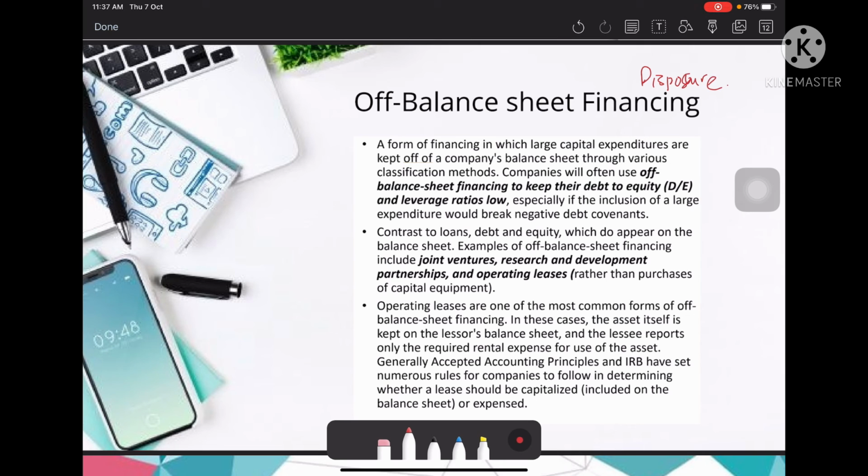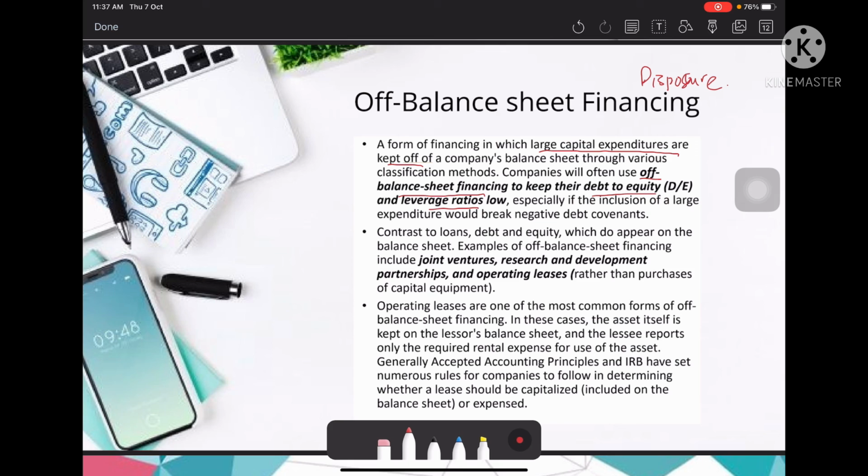So a form of financing in which large capital expenditures are capped off. Capped off maksudnya tak diletakkan on the company balance sheet through various classification methods. So companies will often use off balance sheet financing to keep their debt to equity and leverage ratios low. So dia tak tunjuk semua lah, tapi dia letak dalam disclosure. Dalam financial statement itself tak ada.